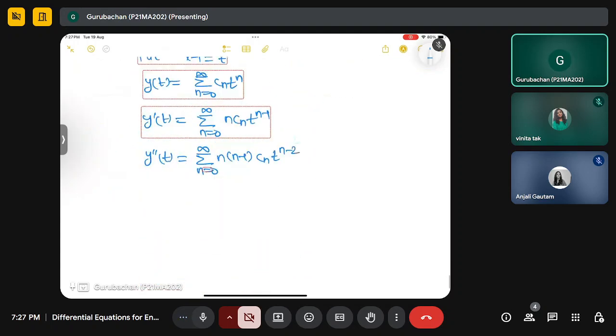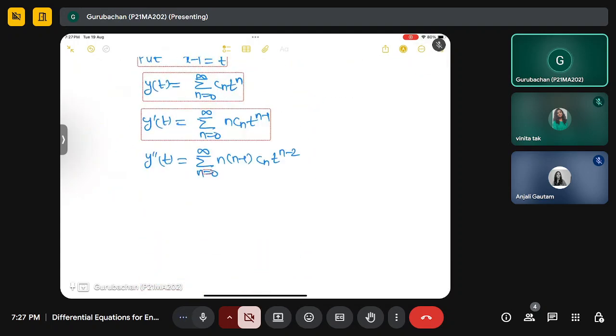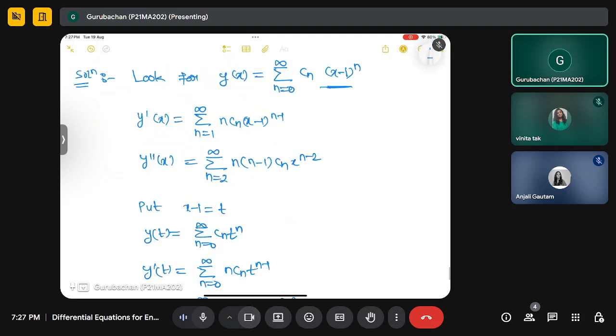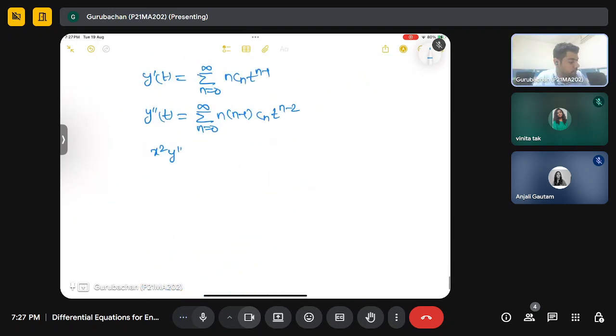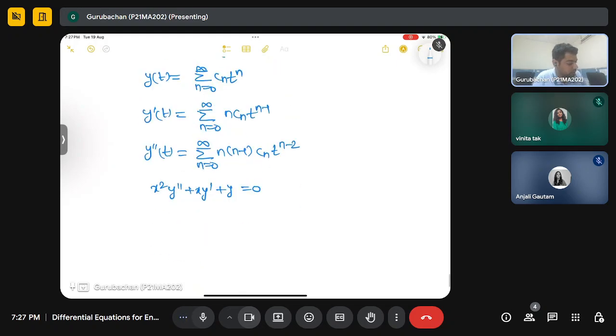Our differential equation is x square y double dash plus x y dash plus y equal to 0. And we are putting x minus 1 as t, which will be (t plus 1) square y double dash plus (t plus 1) y dash plus y equal to 0.